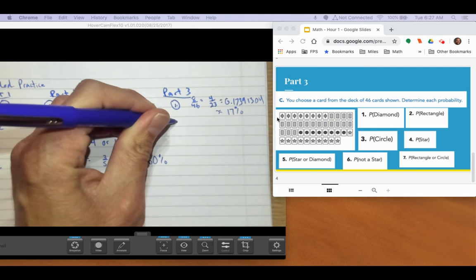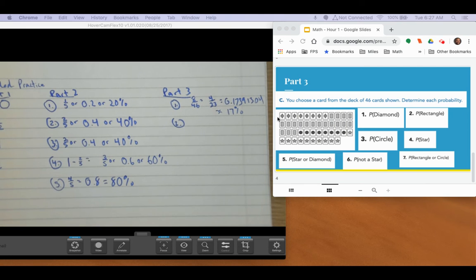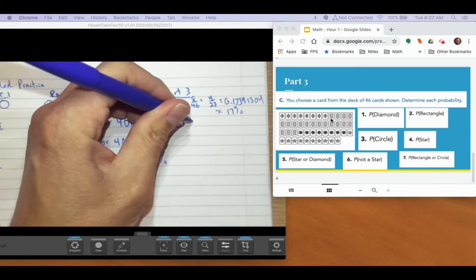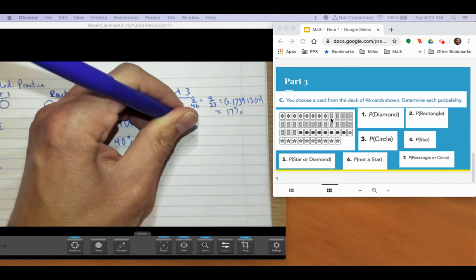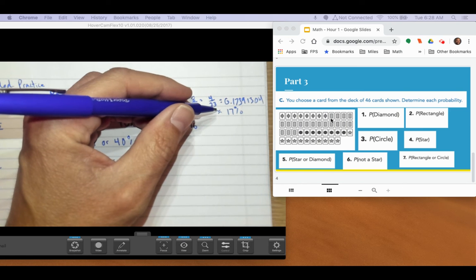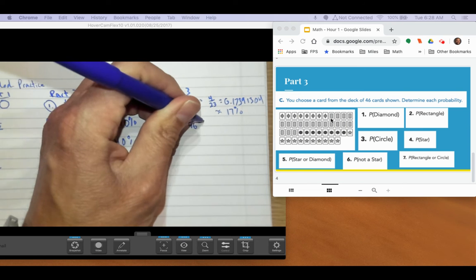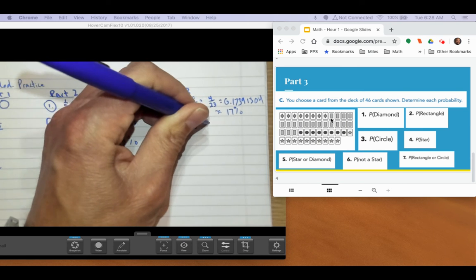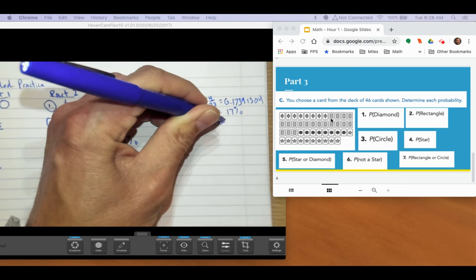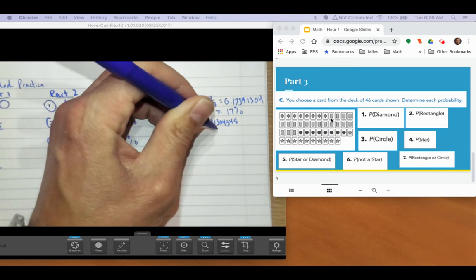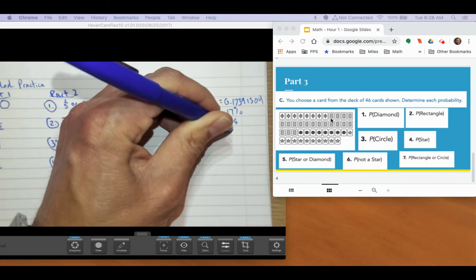Number 2, pause it and do it and then play it again. Number 2 is the probability of getting a rectangle. And I get 19 out of 46, which is 0.413043448, or about 41%.